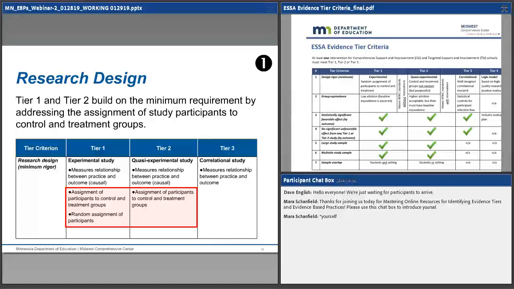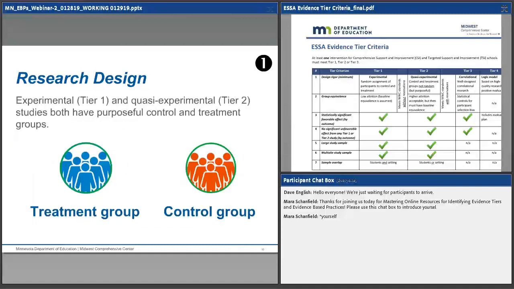And then a tier 1 study goes one step beyond that and actually randomly assigns participants to a study. And by embedding these types of design controls into the research, that actually helps to facilitate the determination of a causal relationship.